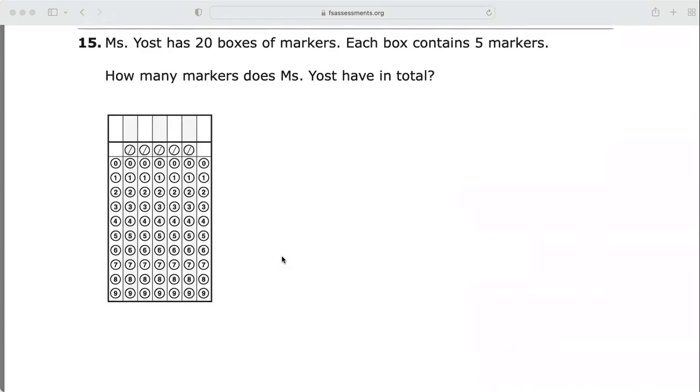Miss Yost has 20 boxes of markers. Each box contains 5 markers. So how many markers does Miss Yost have in total? Each is the key word here, and that means multiply. So 20 boxes, they have 5 markers each.